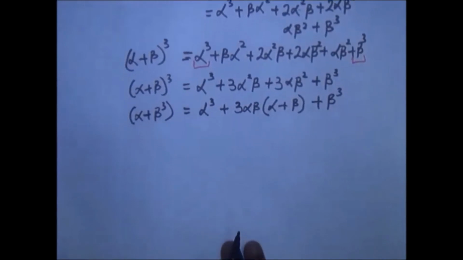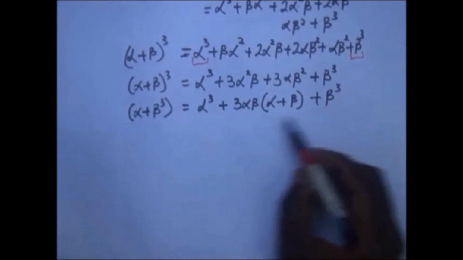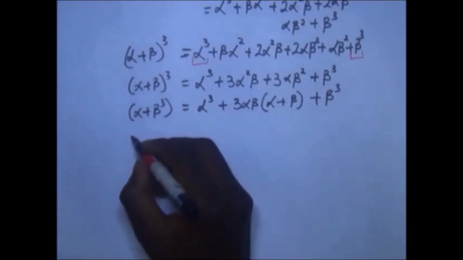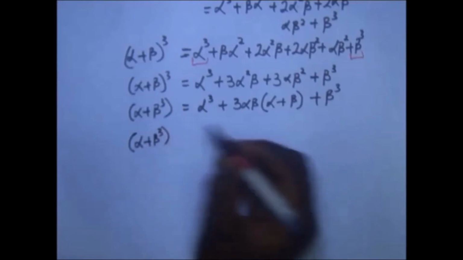So from there we make alpha cubed and beta cubed the subject of the formula, and the rest goes this side. So we are going to remain with alpha plus beta cubed.